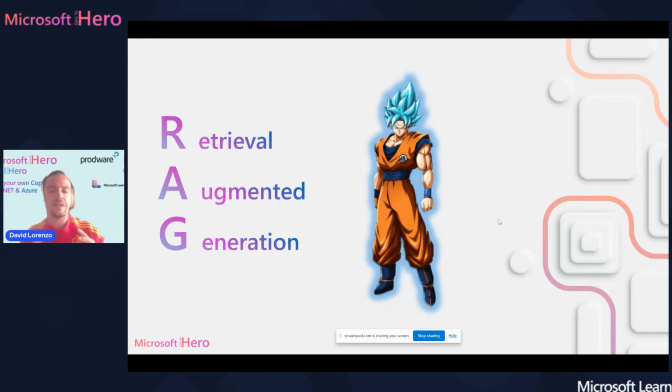You want your application to get only the documentation that your company has and query only that documentation. So this is what the RAG pattern will allow you to do.